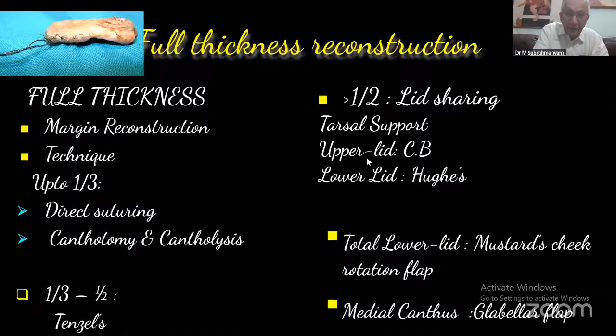I do a modified Cutler-Beard technique, not the original one, because I want to provide extra tarsus. For the lower lid, you can do a Hughes procedure or an inverse Cutler-Beard technique. For the total lower lid, we can do a Mustardé cheek rotation flap. For the medial canthus, a glabellar flap, and for the lateral canthus, a zygomatic flap.